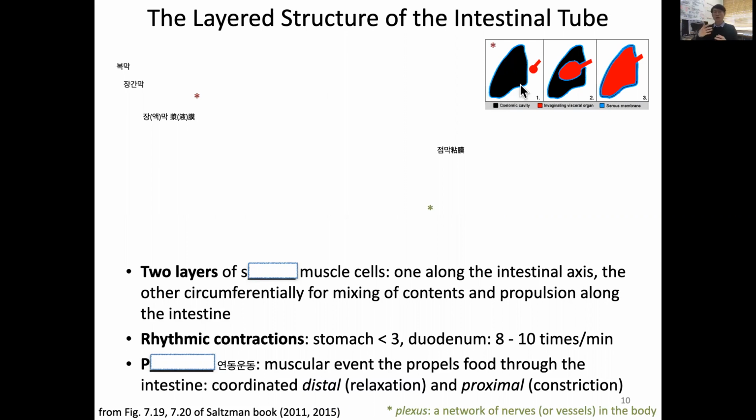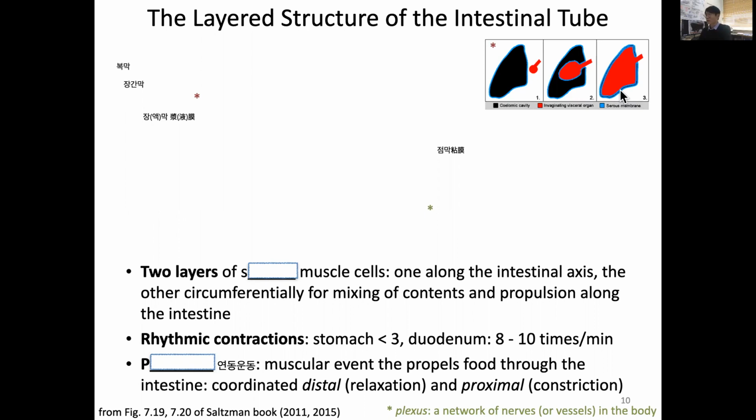Interestingly, our internal digestive organs, such as the stomach, liver, pancreas, and intestines, are something like a balloon. It goes inside this peritoneum, so it looks like an invagination of this visceral organ. So that structure looks like this, and if this is big, it looks like this. And this blue lining is called the serous membrane.